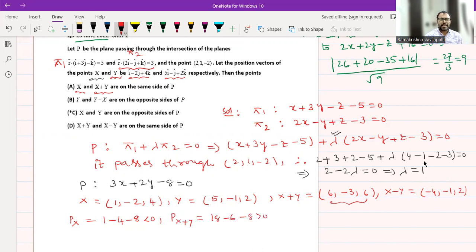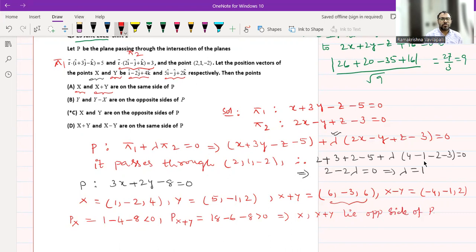Here at x, when you are substituting x point, it becomes a negative expression value. When you are substituting x plus y point, it is positive. So they lie on both sides. So this implies x comma x plus y lie on opposite sides of plane P.